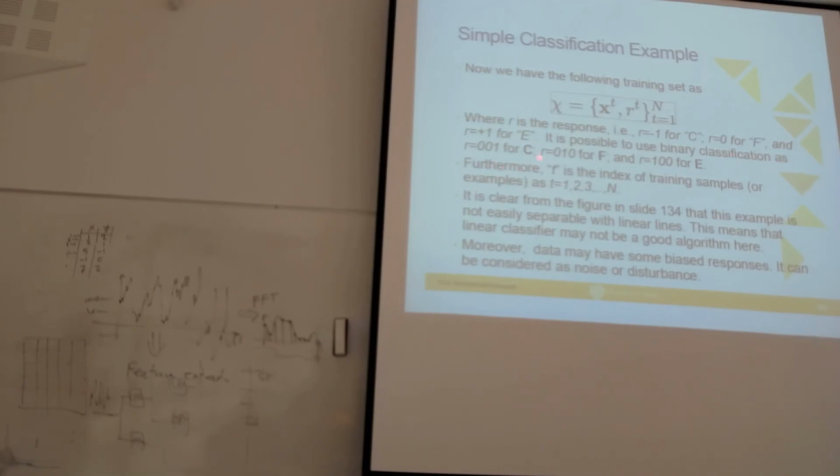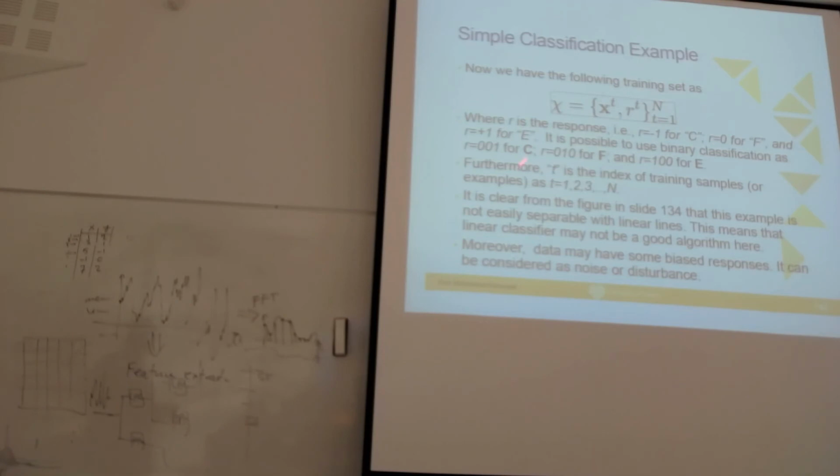For example, cheap is 001, fair is 010, and expensive is 100. In this case, you will have 3 outputs. Either you have 3 outputs or 1 output. However, in classification, it is preferred to use 3 outputs. It can give better results in many situations, when we talk about Bayesian classification later.